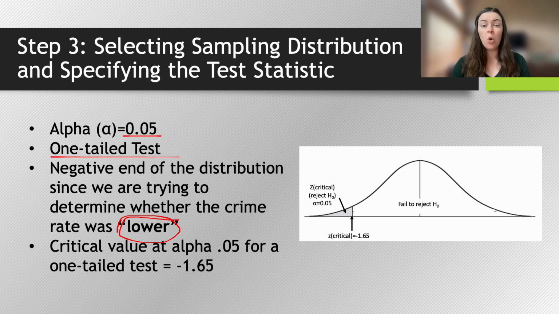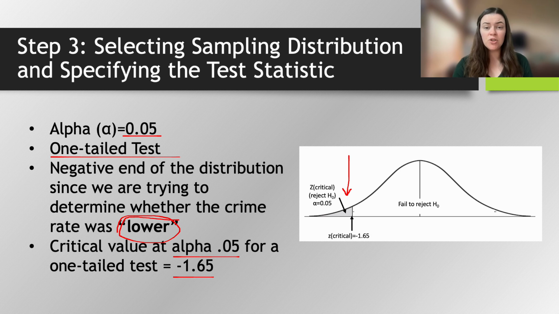In other words, we were only interested in whether or not the crime rates during COVID-19 were lower than the population. And so we only care about the left end of this distribution here or the negative end. The corresponding z-critical cutoff point for an alpha level of 0.05 and a one-tailed test is negative 1.65.